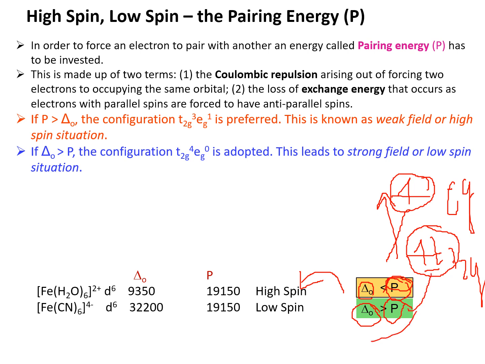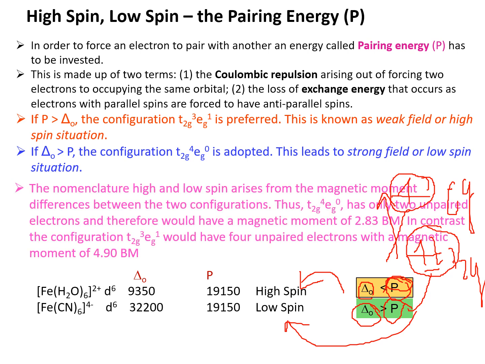If it pairs up here, it will show the low spin complex. So high spin or low spin is decided based on the total number of unpaired electrons.